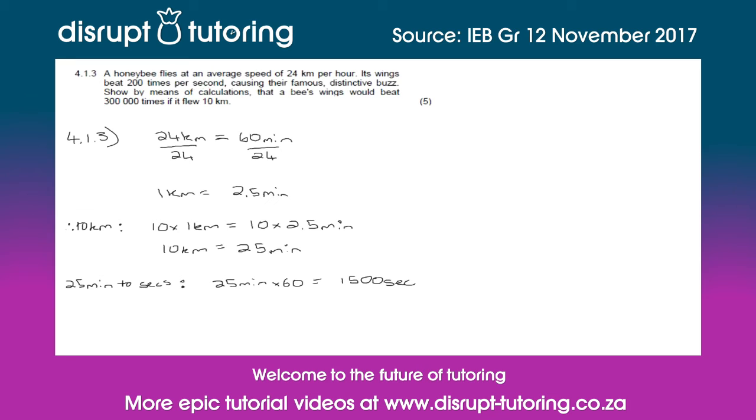So therefore, to get our final answer, the number of beats will be this 1,500 seconds times 200, which comes to exactly 300,000 times. And that's what we need to show for this question. That is the final answer.